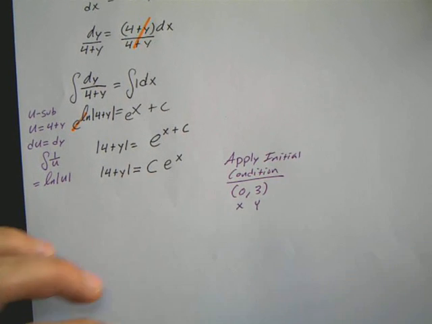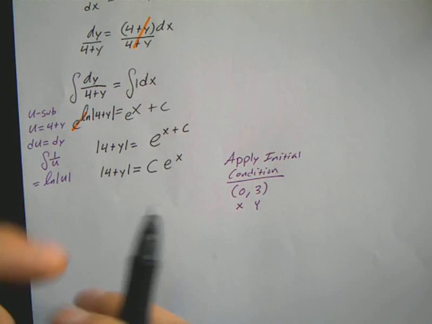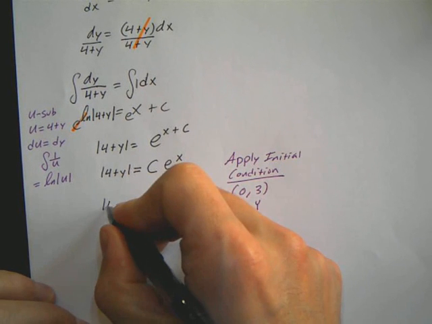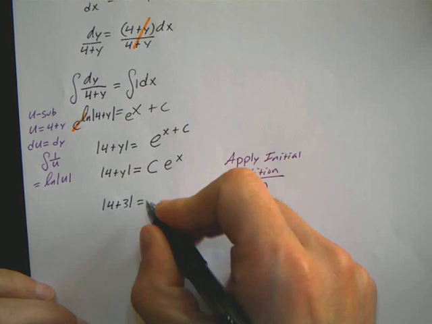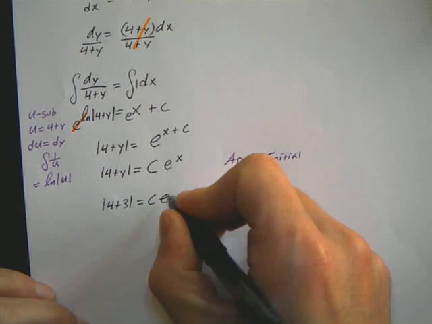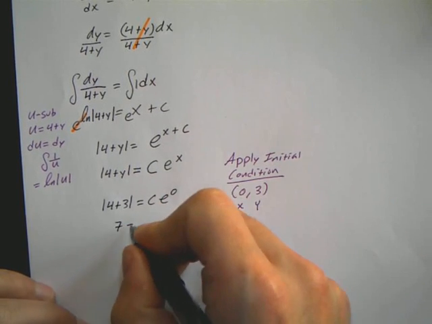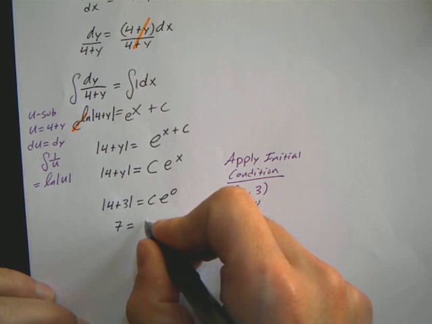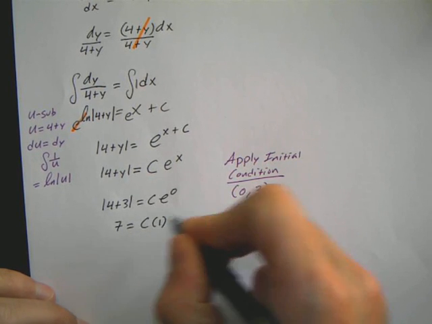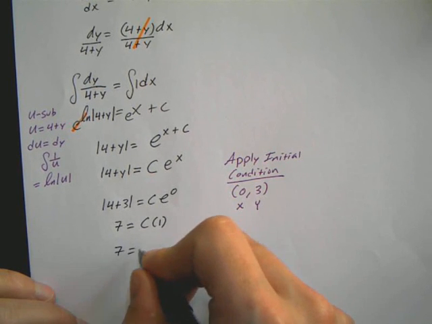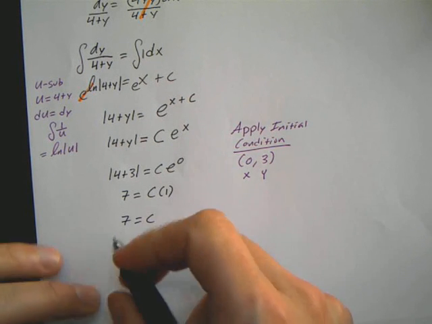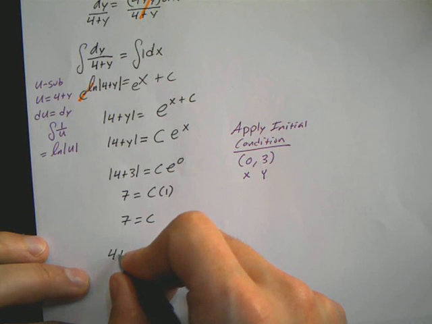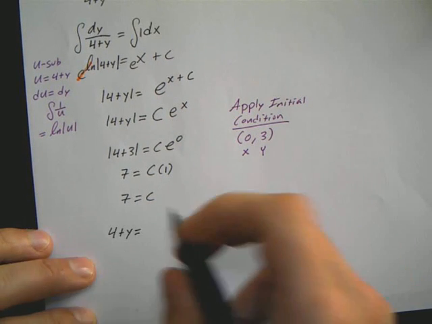So it's going to be absolute value of 4 plus 3 is equal to c e to the 0, which just gives me a 7 equal to c times 1. So my c value is equal to 7. So now that I know my c value is positive 7, I would let 4 plus y equal to 7 e to the x.